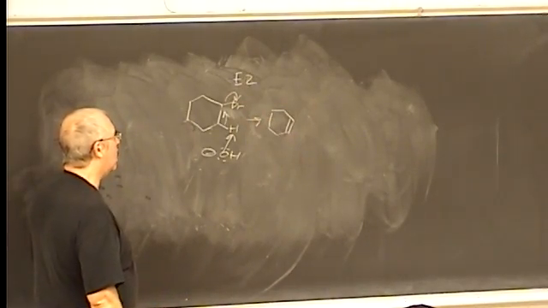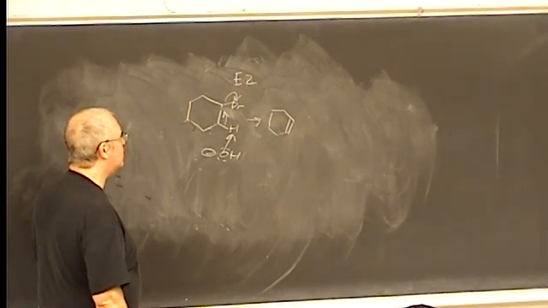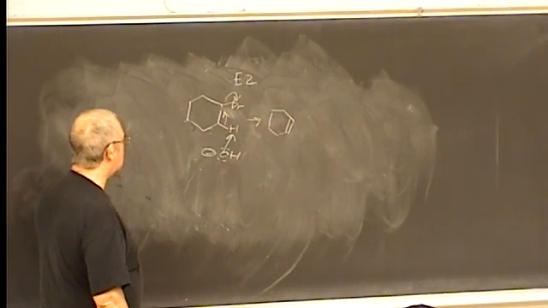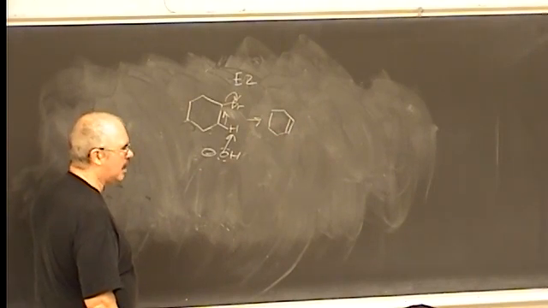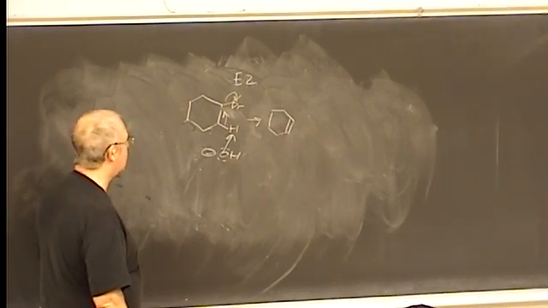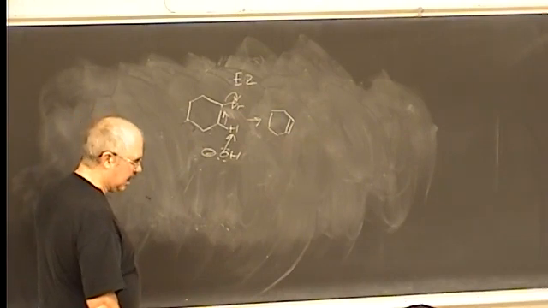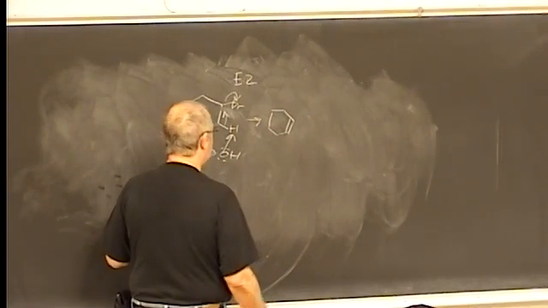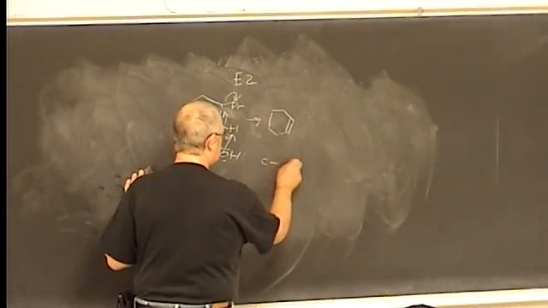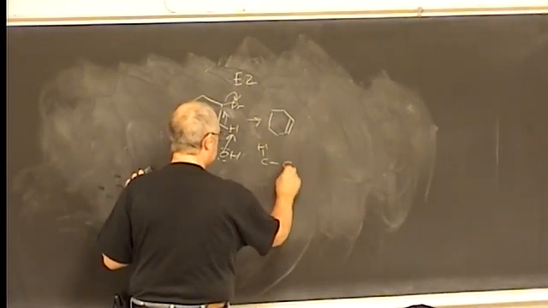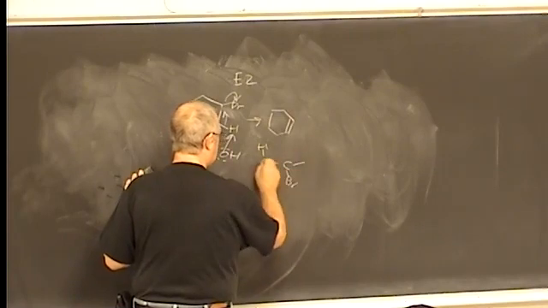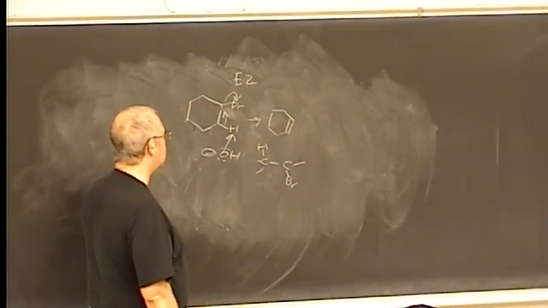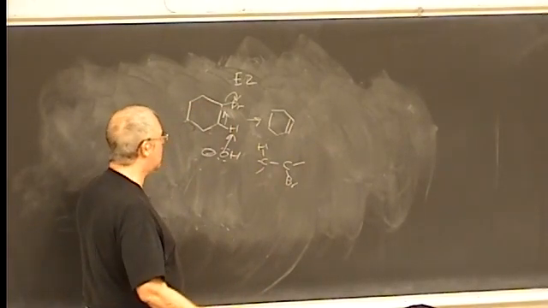Okay, one other big difference between the E1 and E2, besides the need for a strong base, is there are strict stereochemical requirements for the hydrogen and the halogen. The hydrogen and halogen have to be anti to each other. They have to be 180 degrees apart for the E2 to happen. Okay, it doesn't matter with the E1.